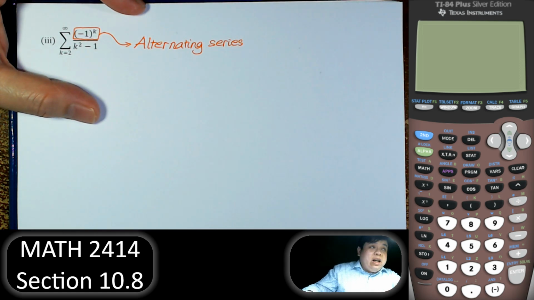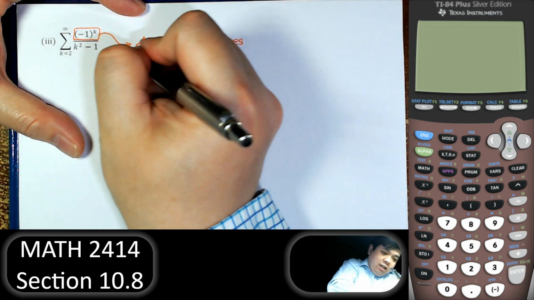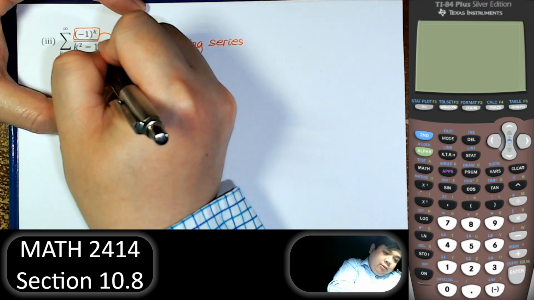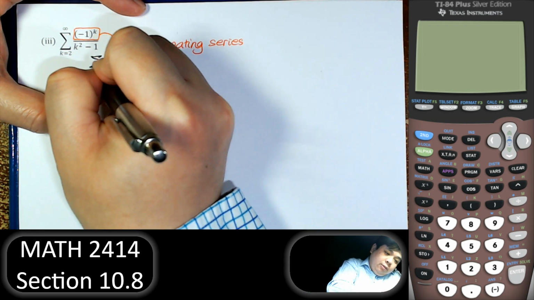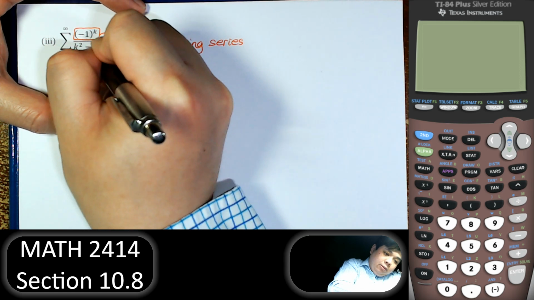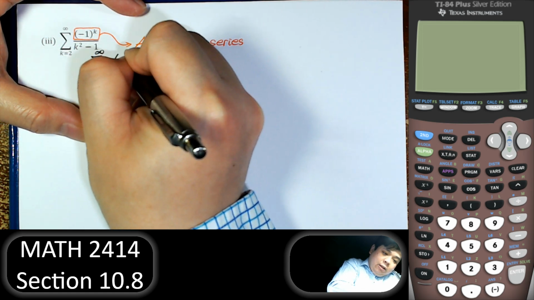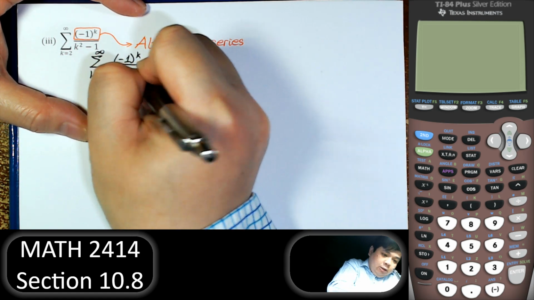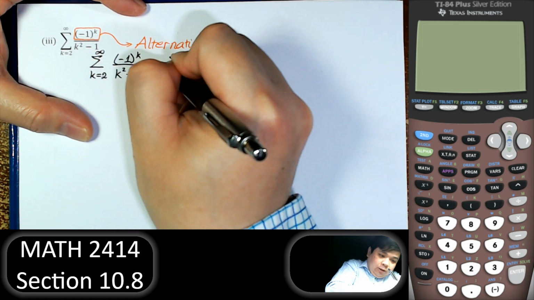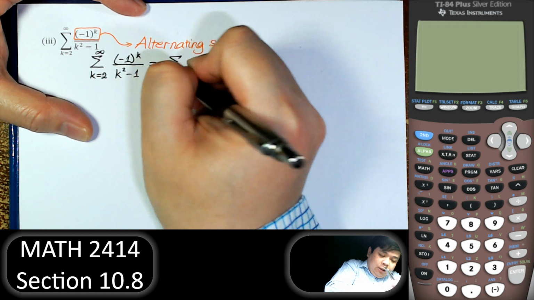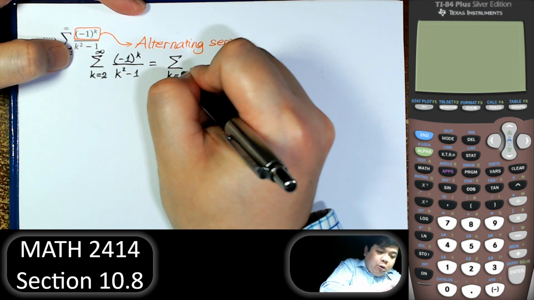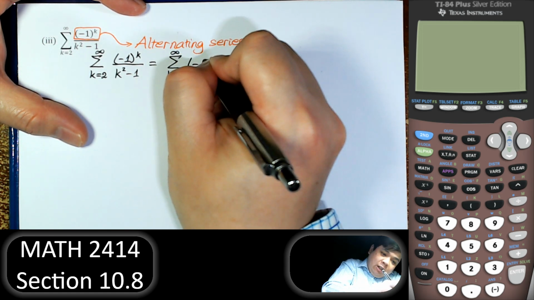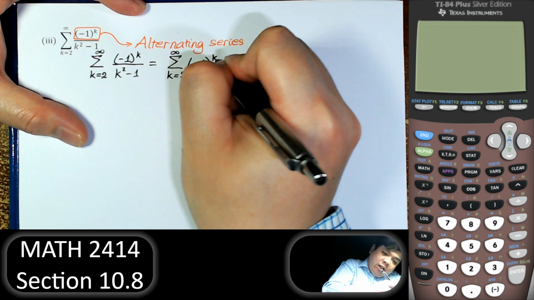And if it is an alternating series, we will write it out. Like I said, there will be more than one way to do this. I'm just going to write the obvious here: alternating series.